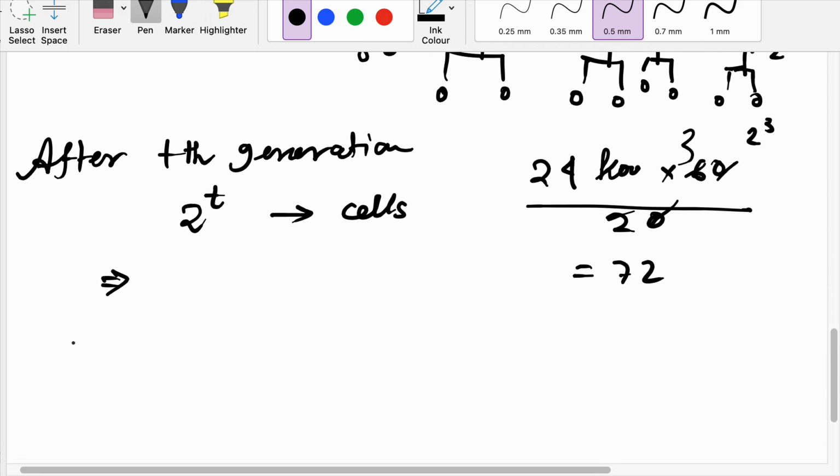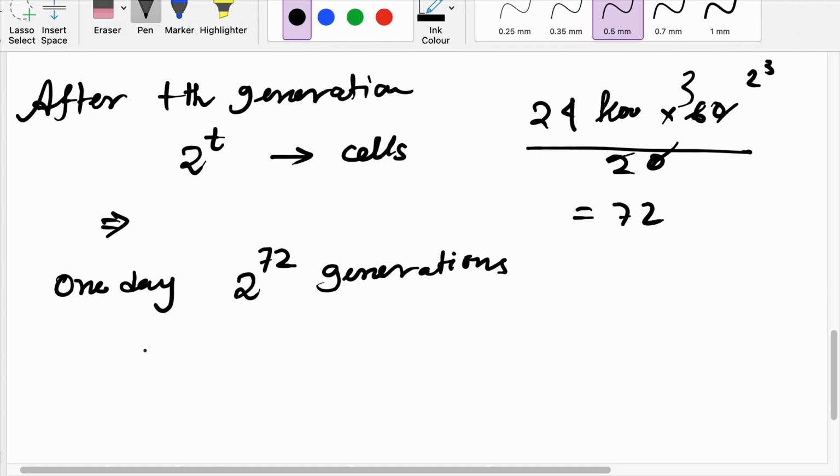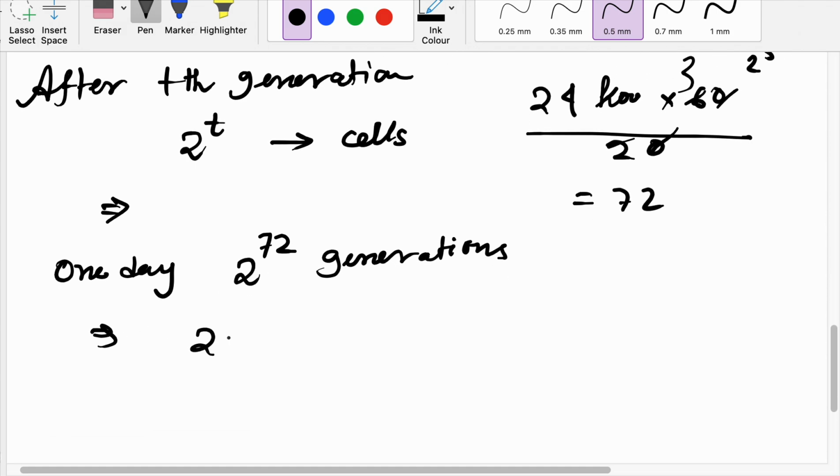So in one day you will find 2 to the power 72 generations. Now in 3 days you find 2 to the power 3 into 72 generations.